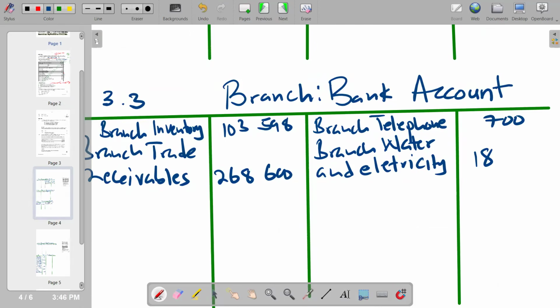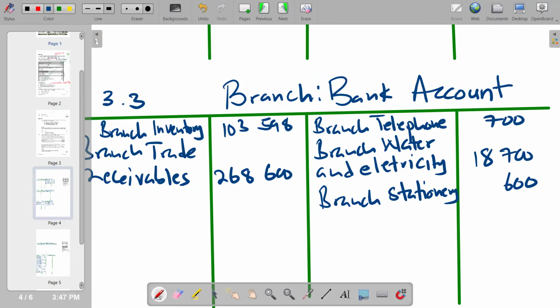We also have the branch stationery, and the branch stationery is 600. Okay, so these are the figures that we have.